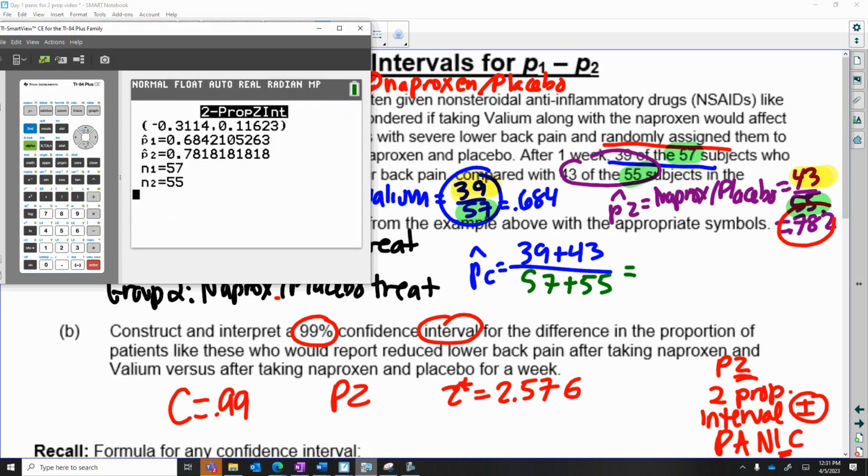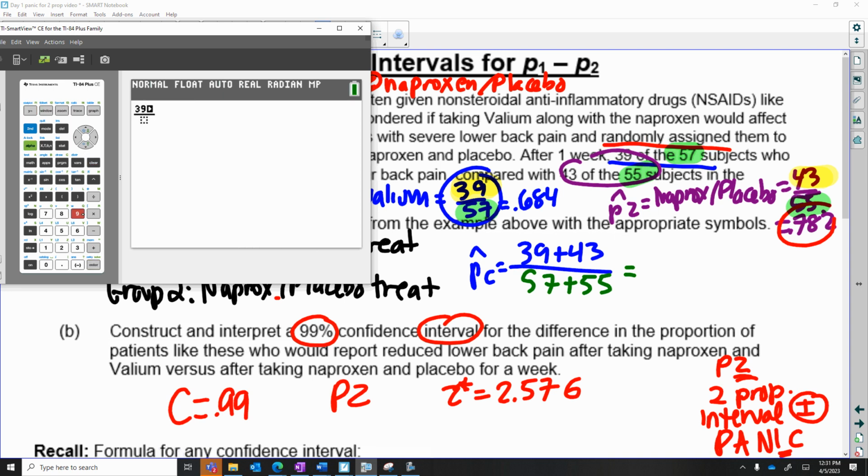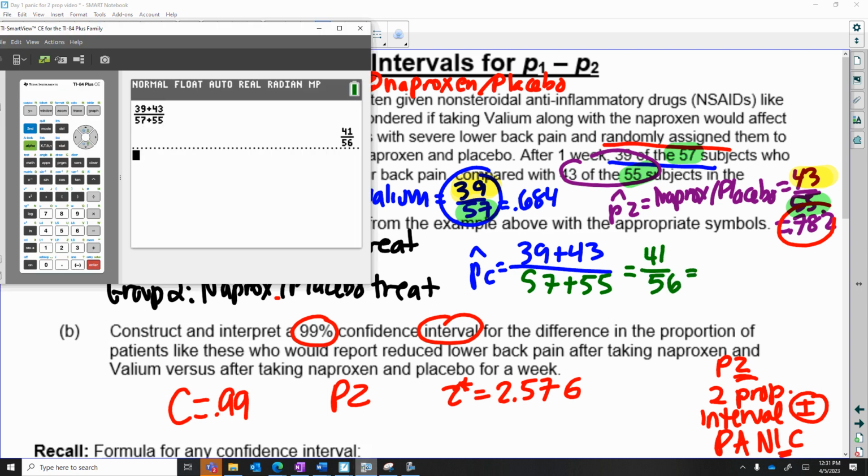To get our pooled p hat, we go to our calculator and put in 39 plus 43 over 57 plus 55. You hit enter and you get 41 over 56 when it's reduced, I presume. Or if you want, you could divide that and see what you get, 0.732.